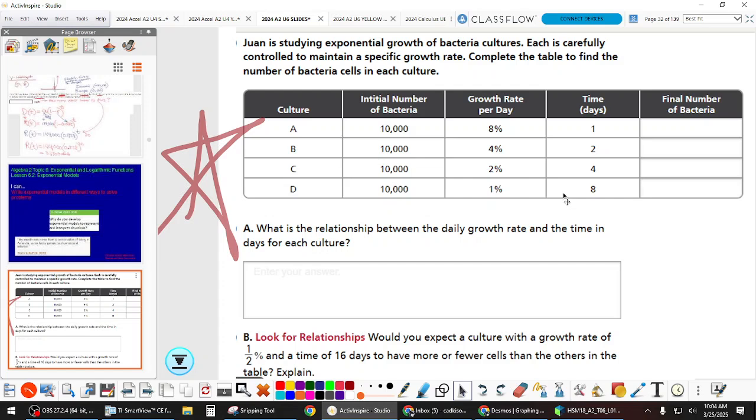You have to redo that equation each time. I'm going to write those in while you guys are calculating.